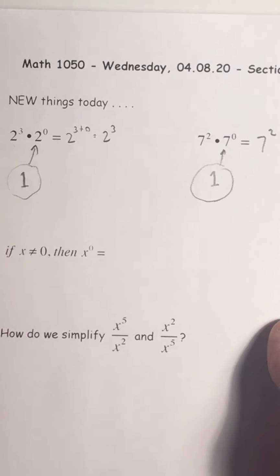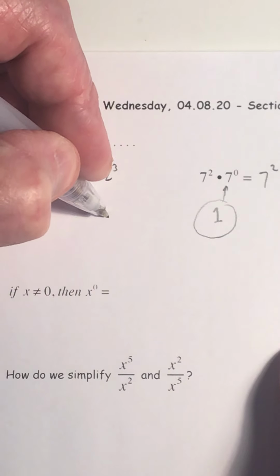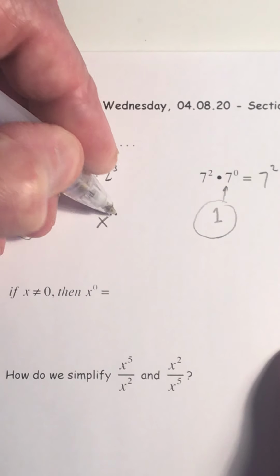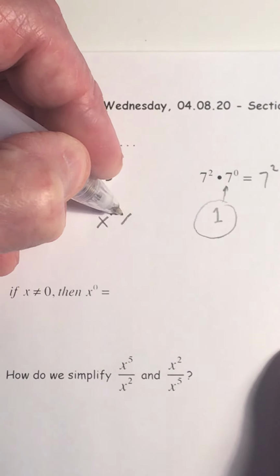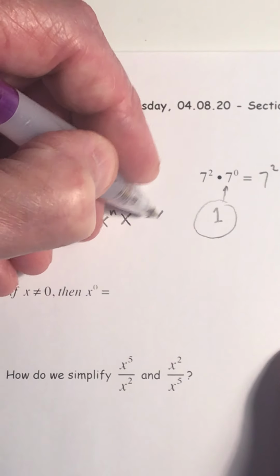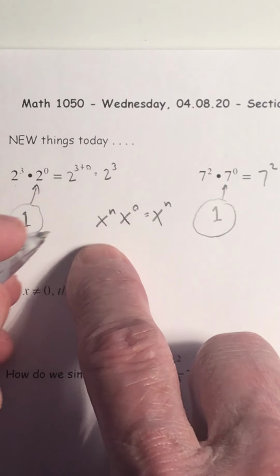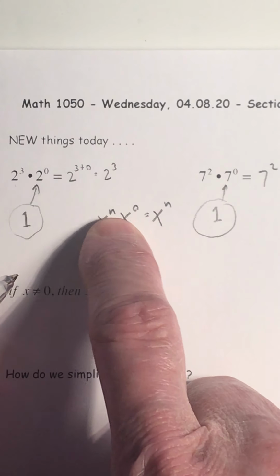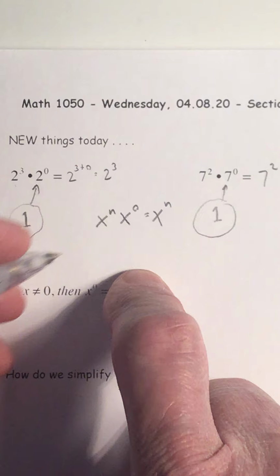And if you stop and think about it, if I have any number to some power times that same number to the 0 power, I'm going to get back the original number here because I'm going to be adding 0 to the exponent, which means no change.